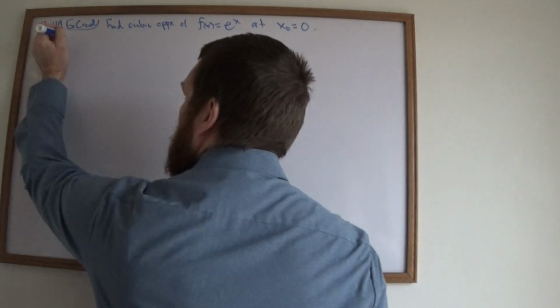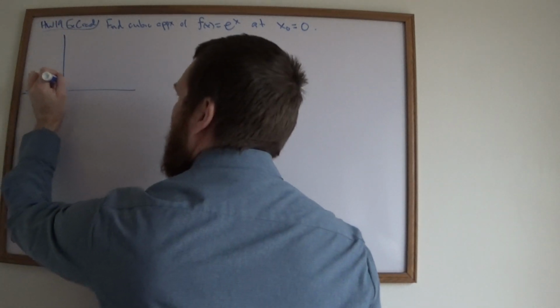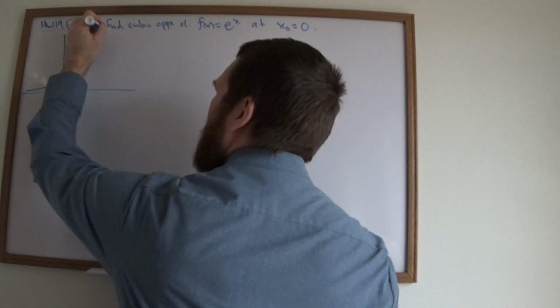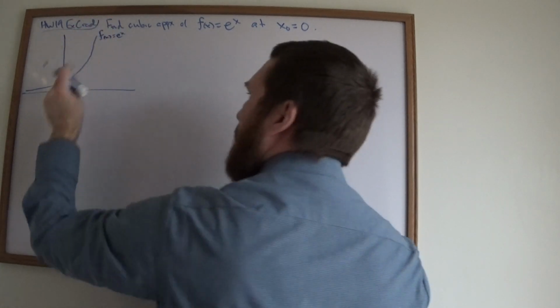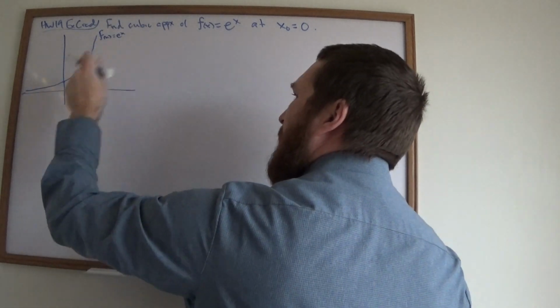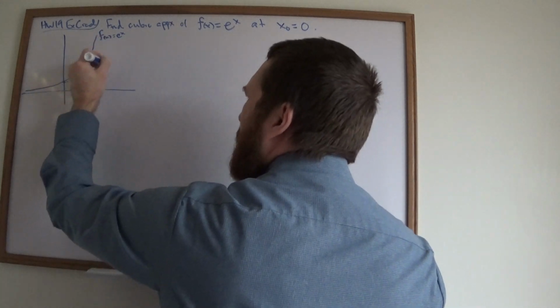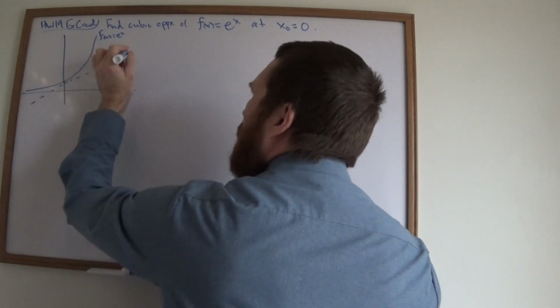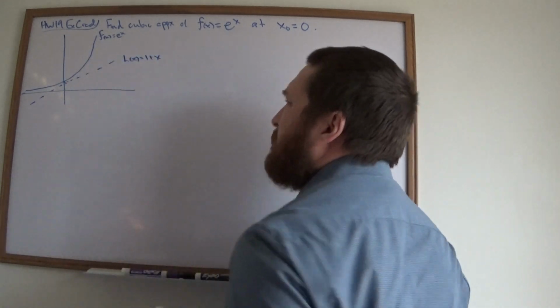So, for instance, here we go. You have your function f of x is e to the x, and we're trying to find the linear approximation at 0. You do that and you find that the linear approximation is 1 plus x.